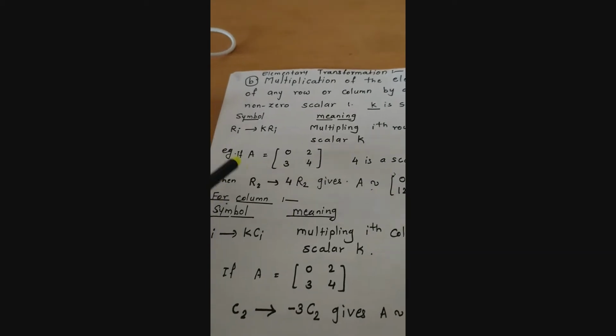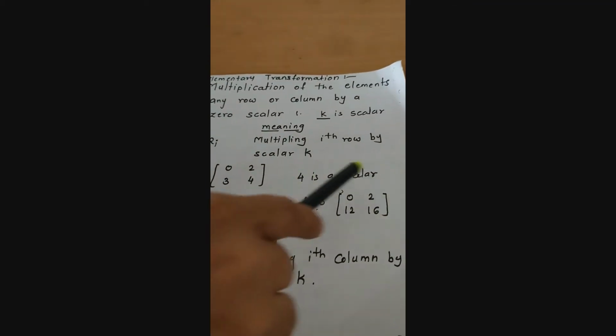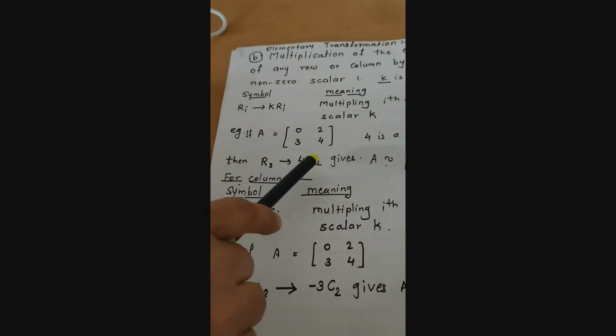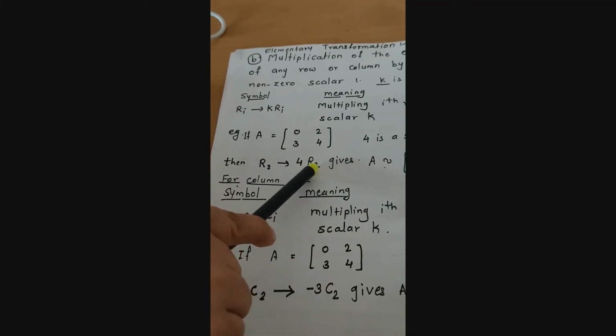For example, if a matrix A has the elements 0, 2, 3, 4 and 4 is a scalar, then we change the second row such that it is multiplied by the constant 4.